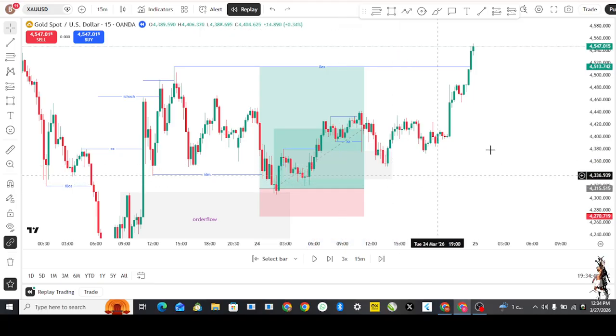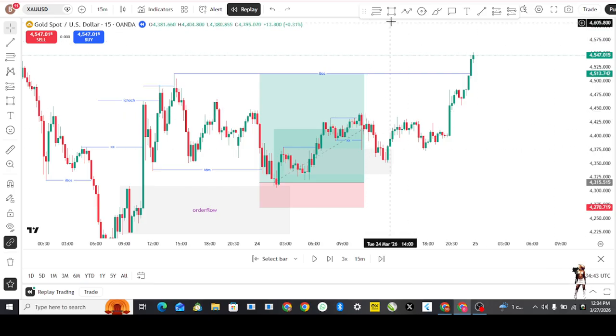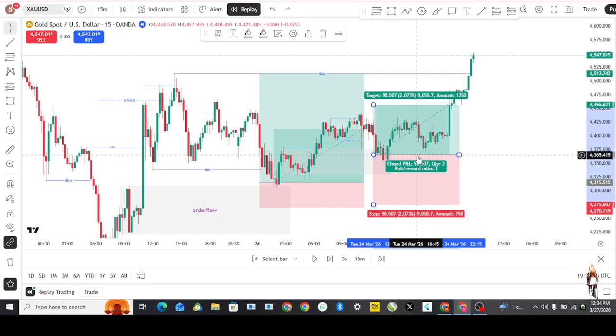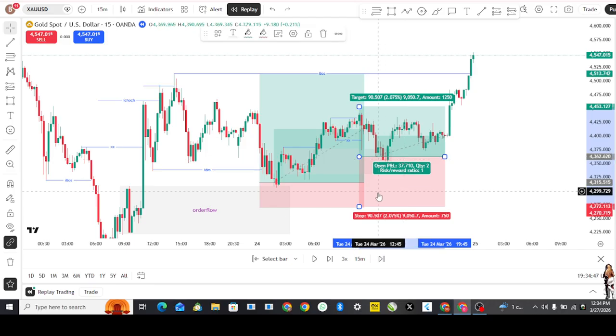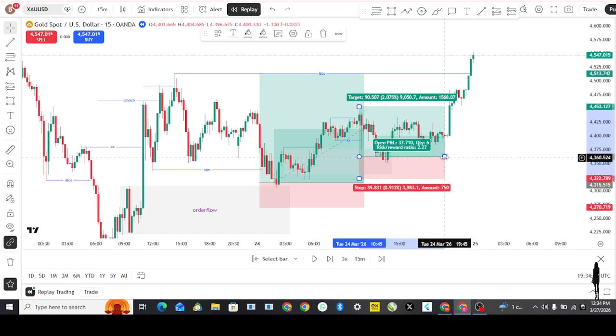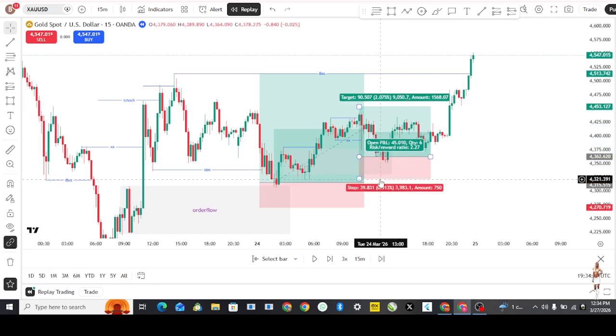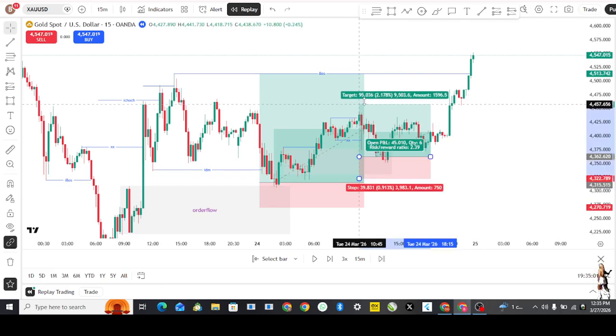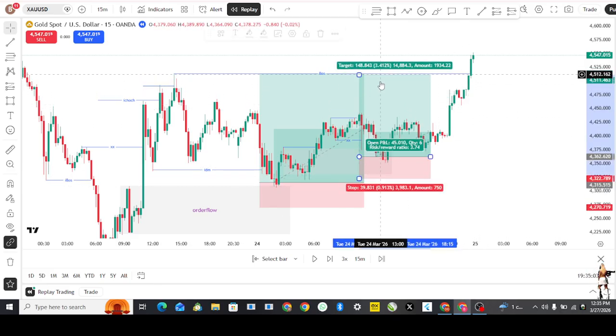Let's see. So if you are to buy from this zone, now we'll have a second entry at this point. Then our stop loss is going to be this, our recent entry, going slightly above it. So this is where we are going to put our stop loss. Our target will still be this up.